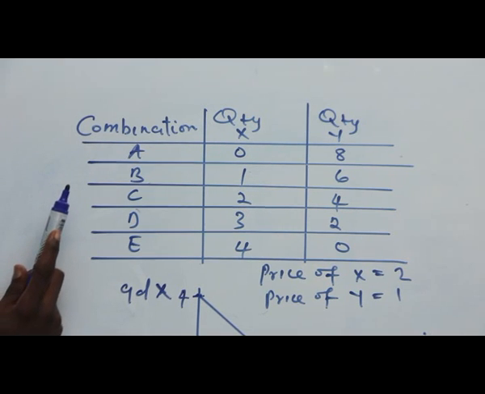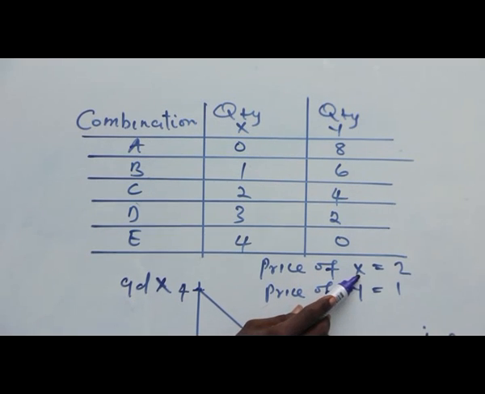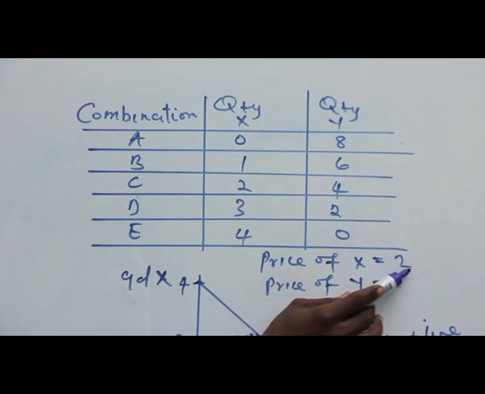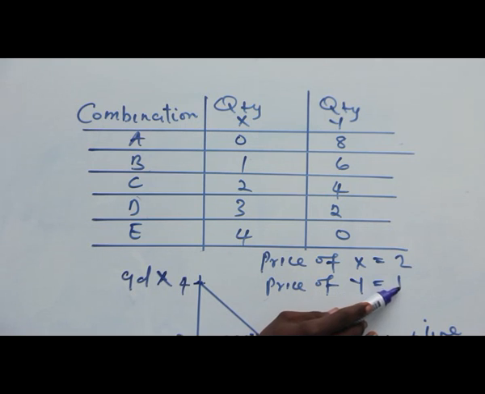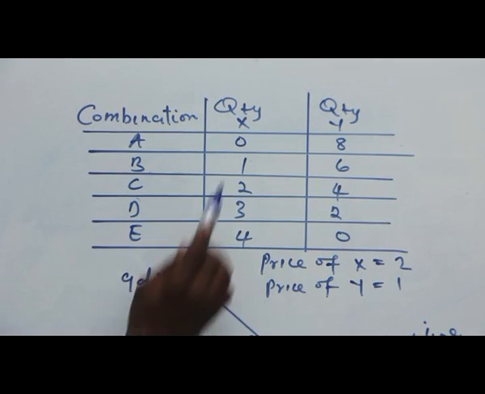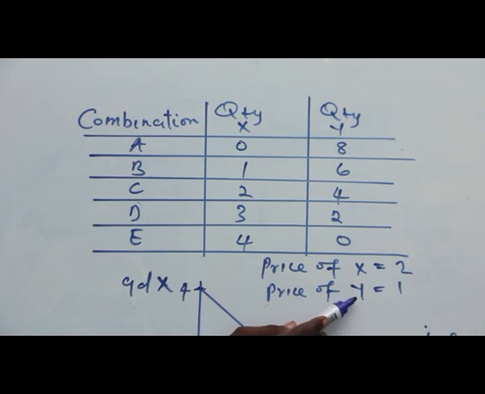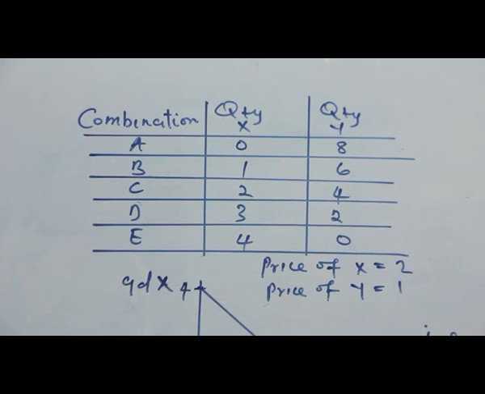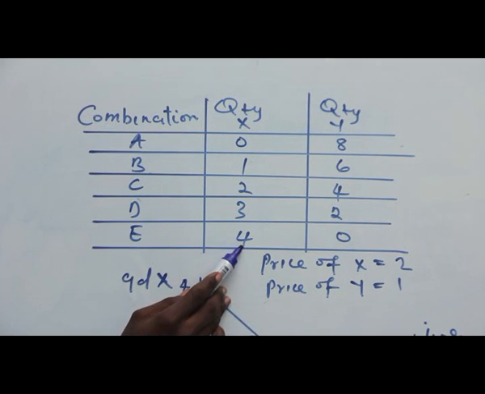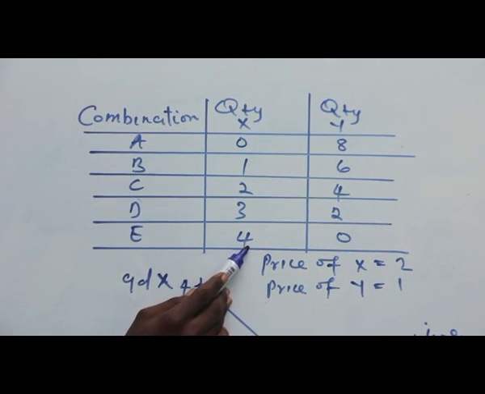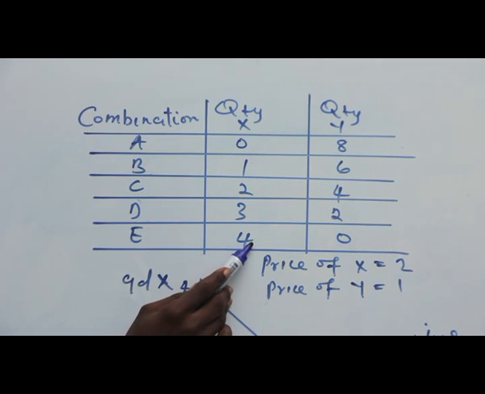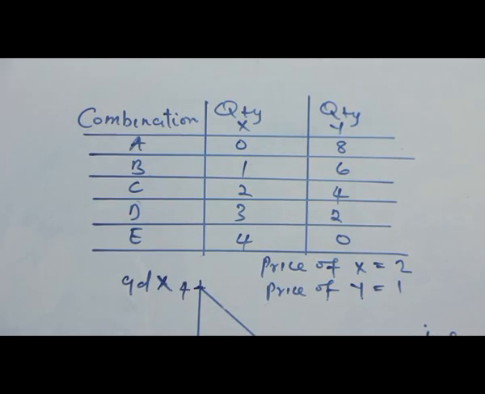Looking at the table, if the price of commodity X is $2 and the price of commodity Y is $1, what is going to be the quantity of X if the consumer is not buying commodity Y? It's going to be 4 units, because 4 times 2 is 8, which is the $8 income of the consumer.